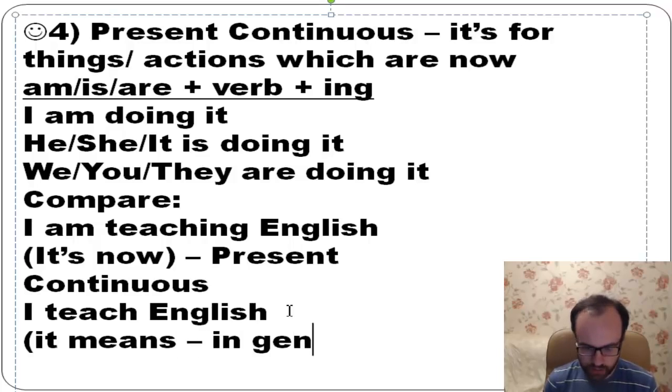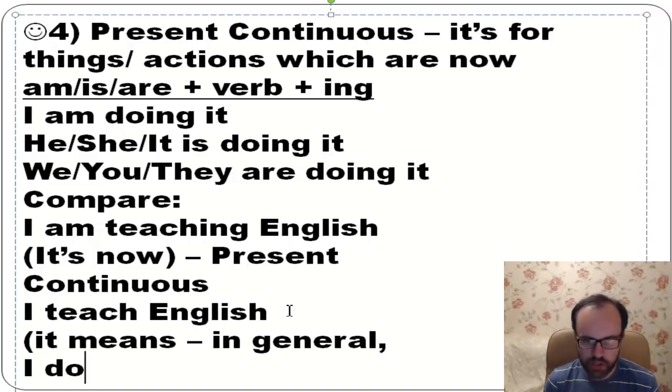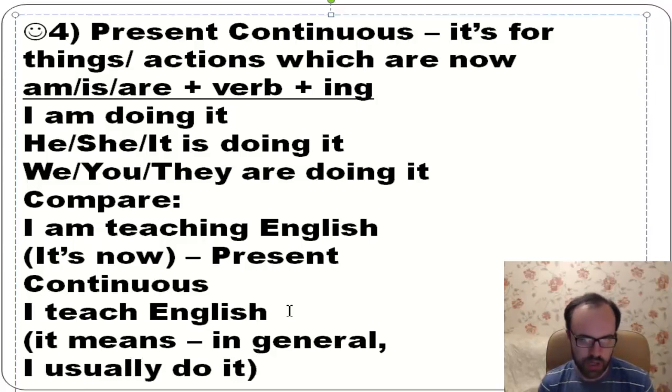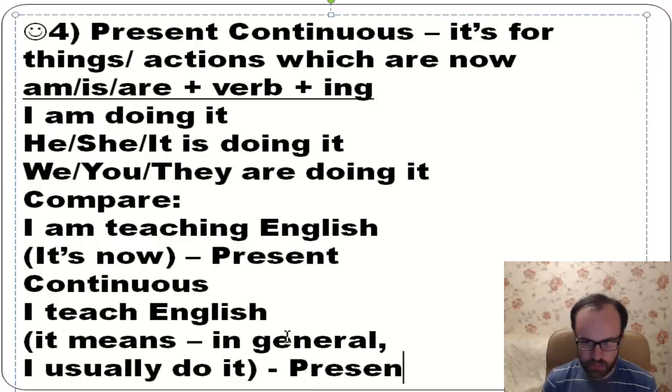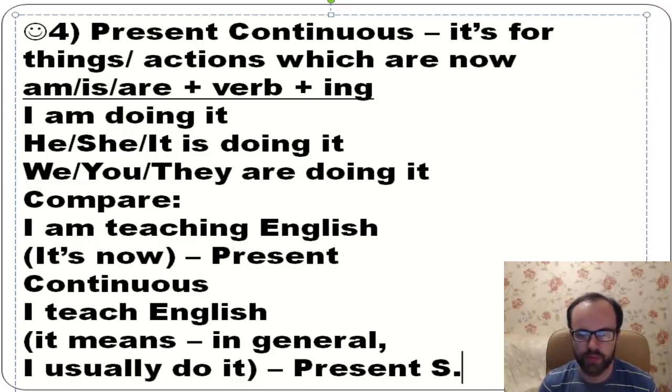So I usually do it. And you see, it's present simple.